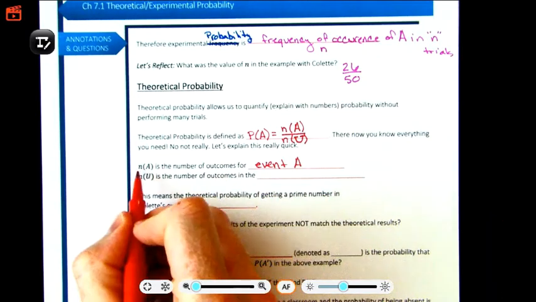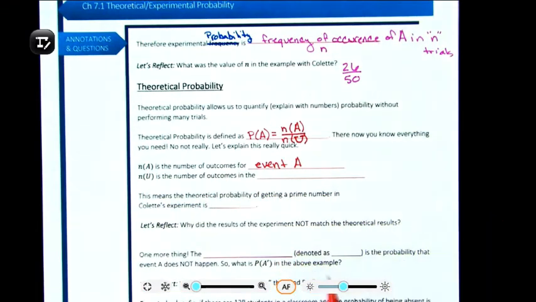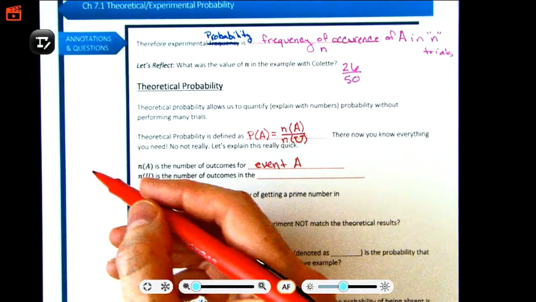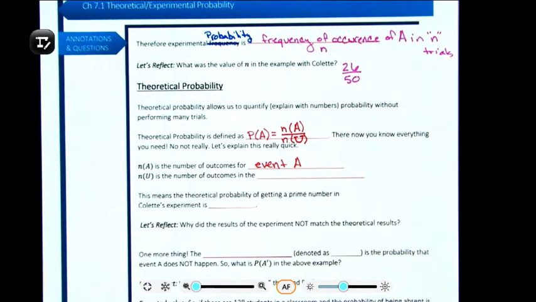If you wanted to annotate this later, that would be a fantastic thing to write over on the left. And then U, the universal set, is the number of outcomes in the sample space. It's the number of possible things that can happen.